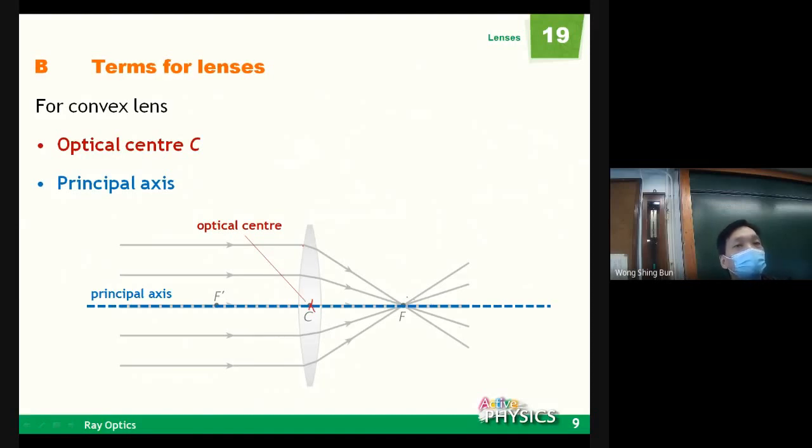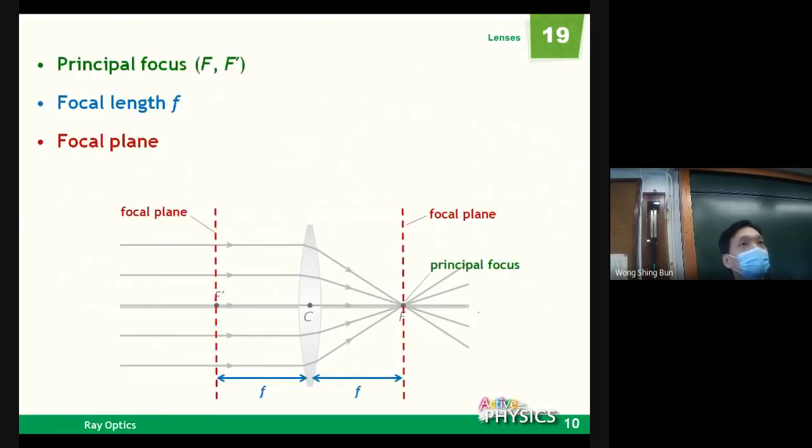F, we will call it principal focus or focus, no problem. And also, the center line, this line, we will call it principal axis. The green one, principal focus. For the plane that passes through the principal focus, we will call it focal plane.